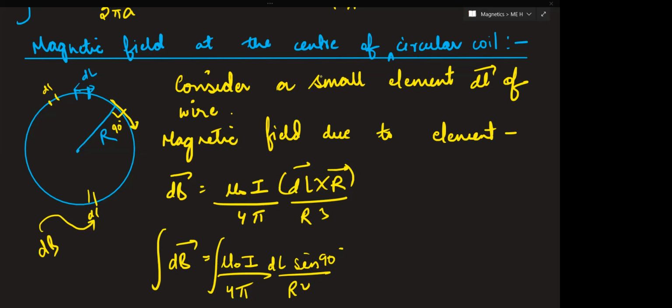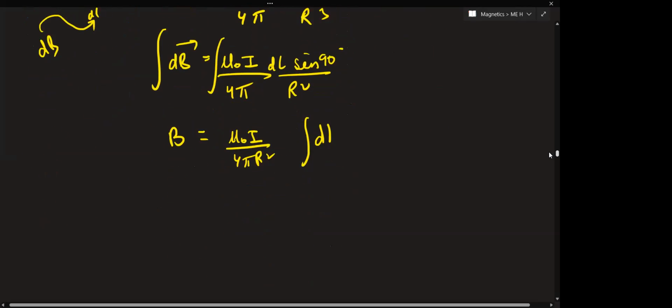So if you add all the dl, you are getting the length of the circle, which is known as the circumference. Yes, it will be 2 pi r only. So when you integrate it for the whole wire, what do you get? B is equal to mu naught I divided by 4 pi r square into 2 pi r.